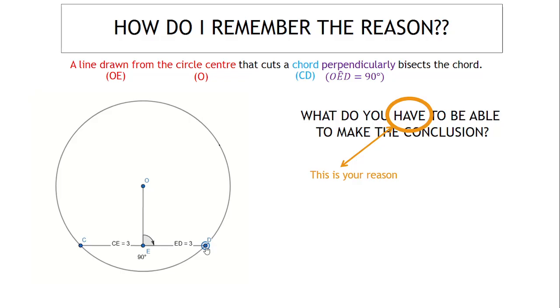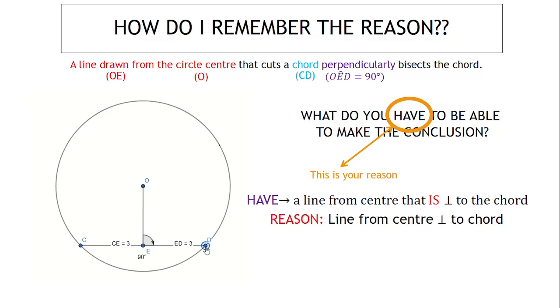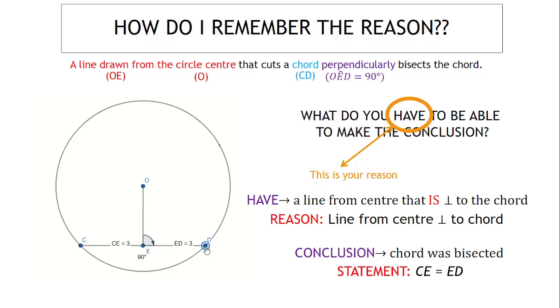In this sketch, you have a line from the center that is perpendicular to the chord. That is your reason: line from center perpendicular to chord. The conclusion is that the chord is now bisected, so you have CE equal to ED.